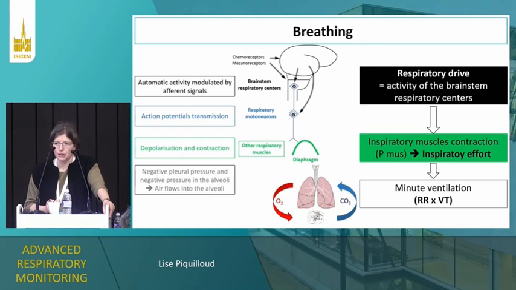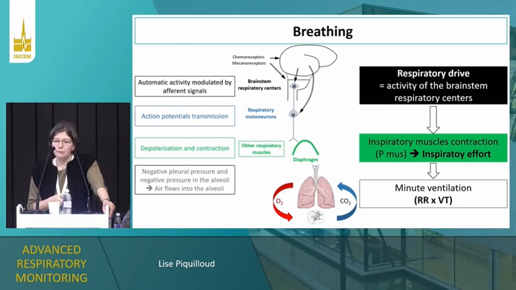This contraction is going to decrease pressure in the pleural space and in the alveoli, and allows air to enter into the alveoli. Respiratory drive is what is at the respiratory center's level. It's the command, and only that. Respiratory effort is the strength of the contraction. Then it's at the muscle level.